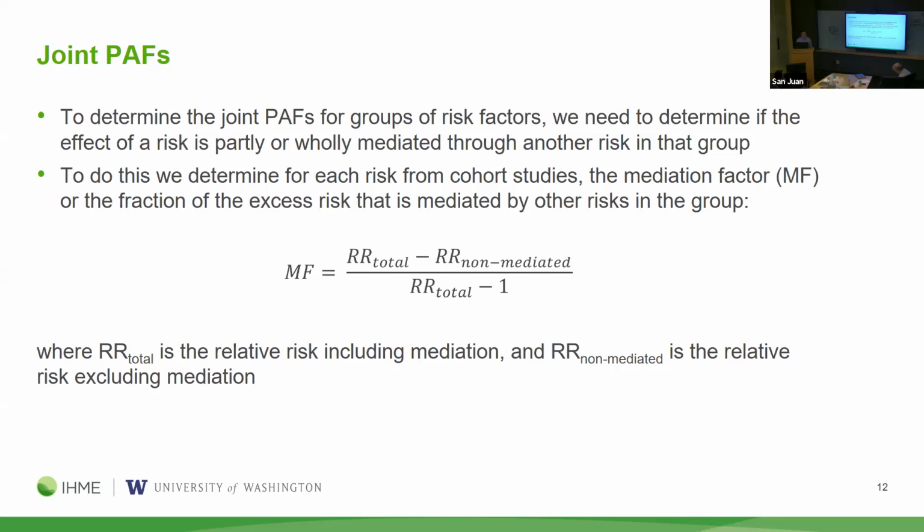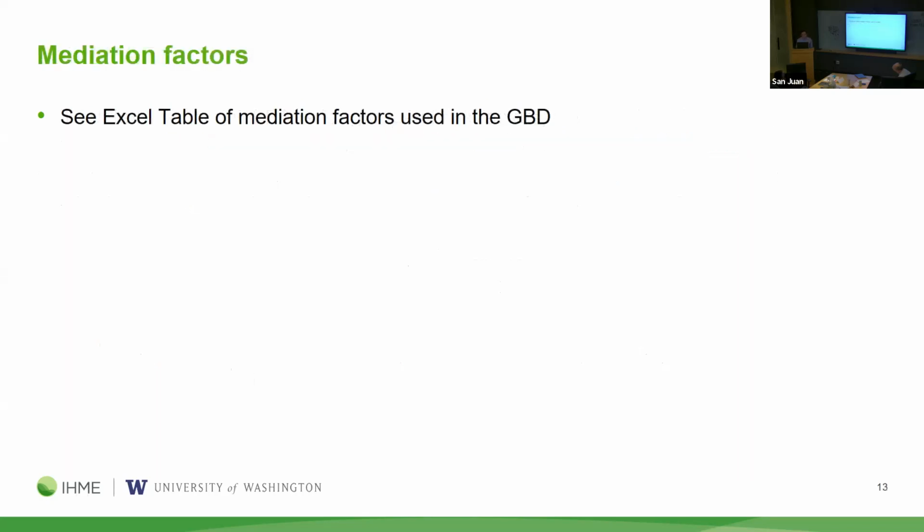Once we have the mediation factors, we can then adjust the relative risk. But the mediation factors in the GBD is an area that we have perhaps not spent very much time looking at carefully over the cycles.